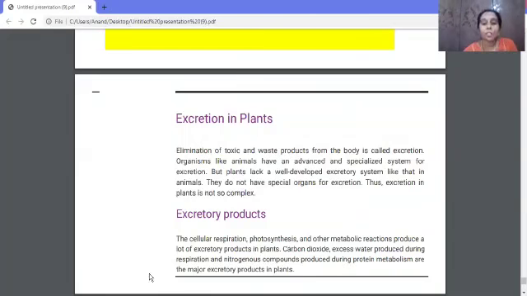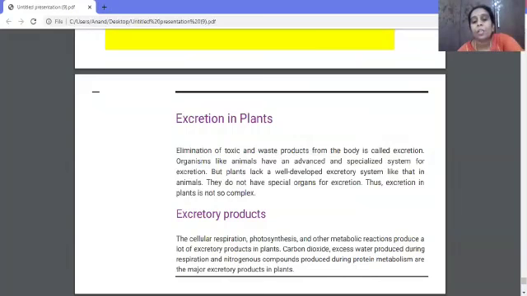So what are the excretory products produced by the plant? During cellular respiration, photosynthesis, and the metabolic reactions that take place in plants, a lot of waste will be produced, such as carbon dioxide and excess water. Both carbon dioxide and excess water are produced during respiration, and nitrogenous compounds are produced during protein metabolism.